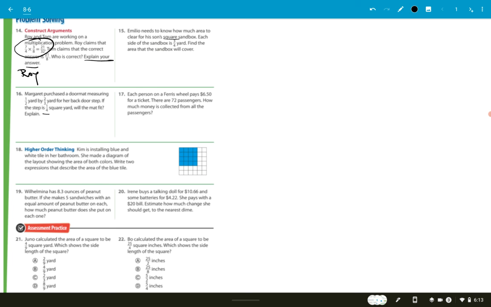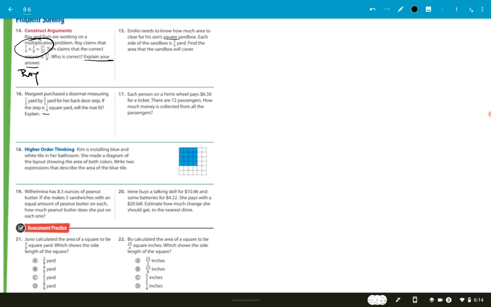Well, so the first thing you have to do is what? 1/2 times 2/3. And then, well, gosh, would they consider it fitting if it was bigger than 1/4 square yard? It should be the same size or a little less. Maybe I'm making it too complicated. Anyways, just see if the mat will cover at least 1/4 square yard. If it's too big, it's not going to fit. Well, we'll see what we come up with here.